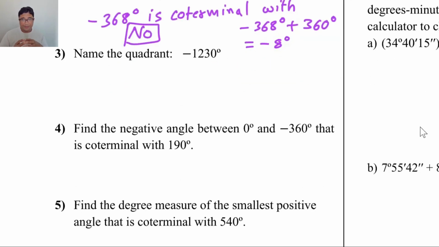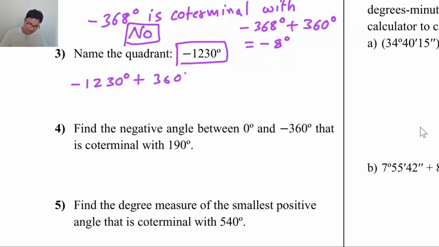Next question. Name the quadrant. So you have negative 1230 degrees. First, second, third, fourth, in which quadrant is it? Now that's a large angle. What do you do? You could add 360 to it, right?